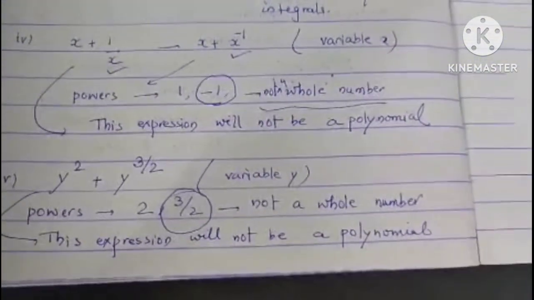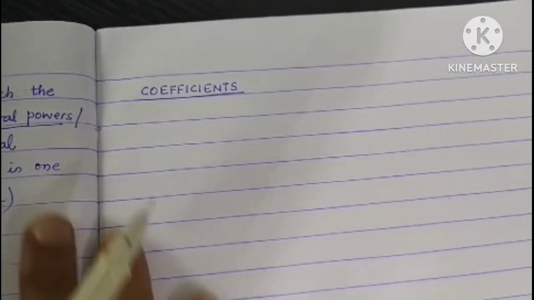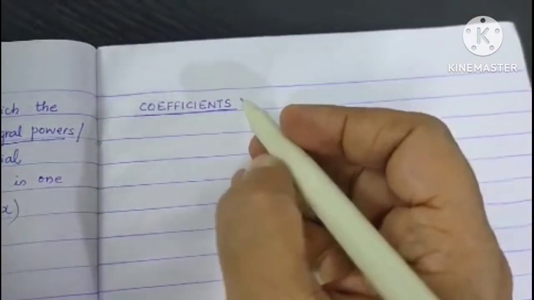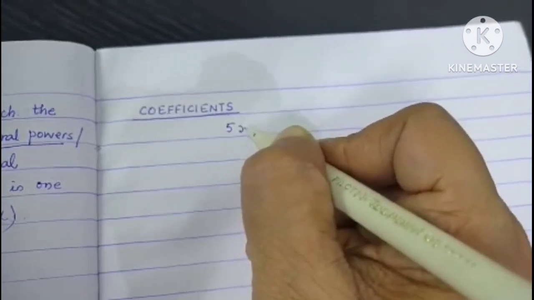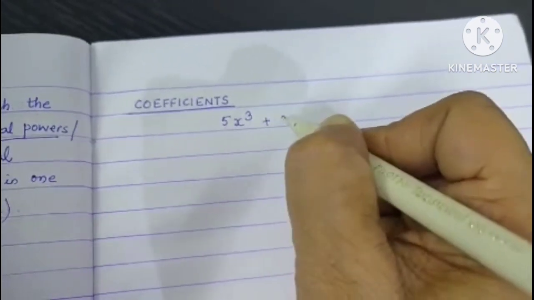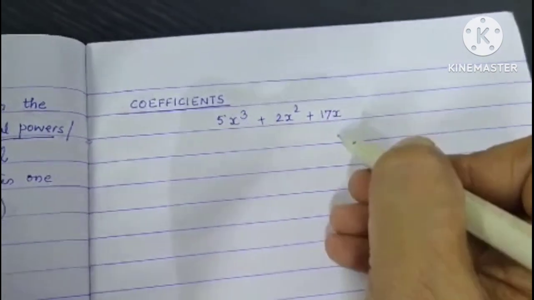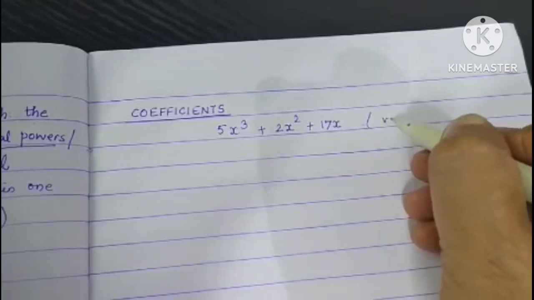So now move forward. Now let us come to coefficients. What are the coefficients? So first let us write a polynomial. Suppose 5x cube plus 2x square plus 17x. This is a polynomial having one variable x.